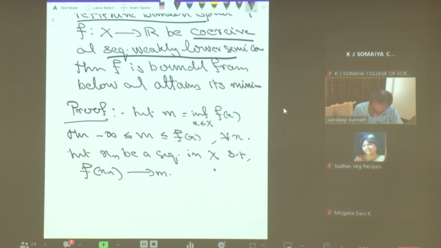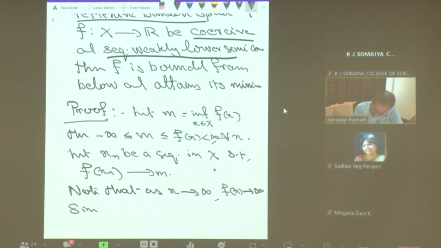Now note that as x goes to plus infinity, f of x goes to plus infinity, and each f of x is finite here. Since m is strictly less than infinity, this implies that xn is a bounded sequence.